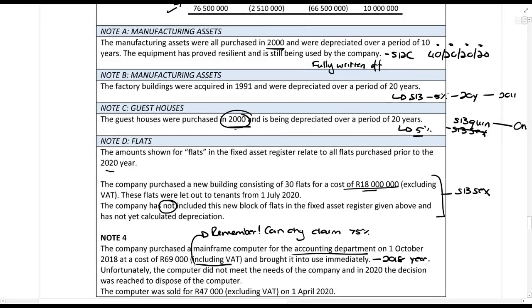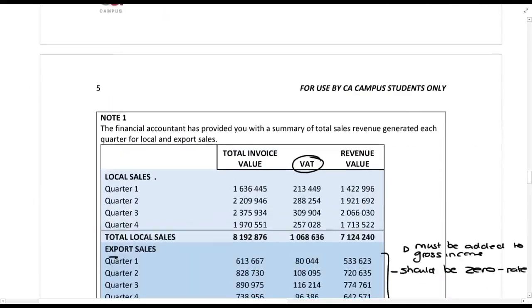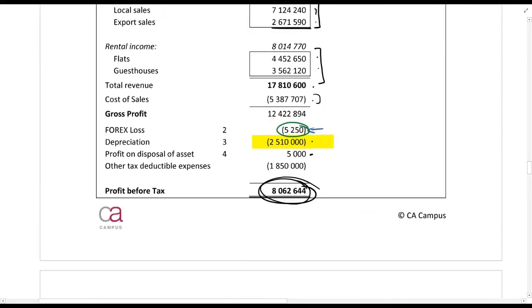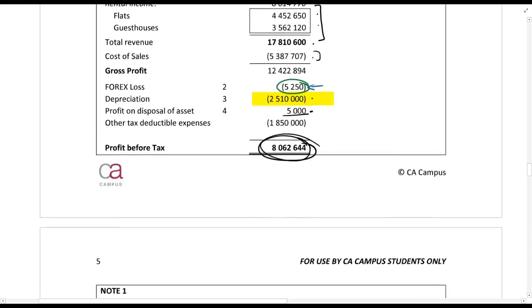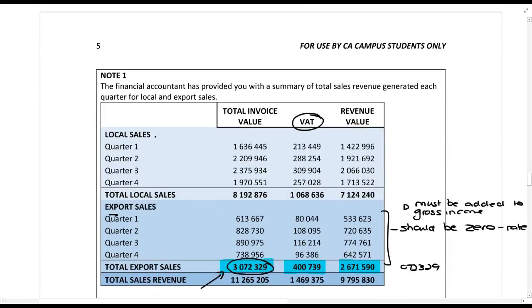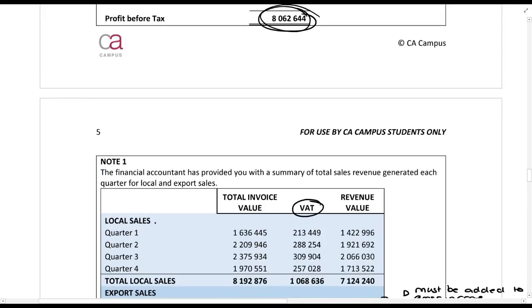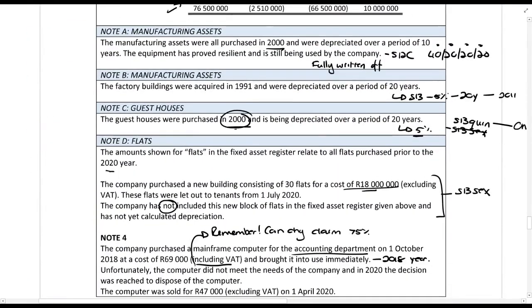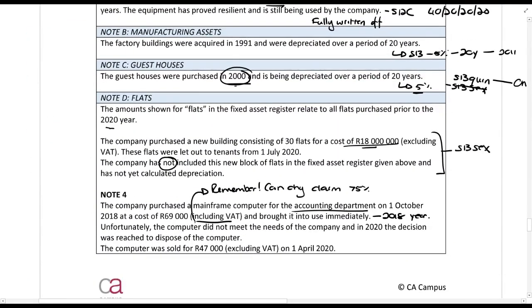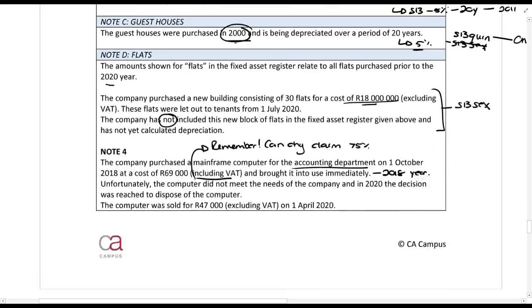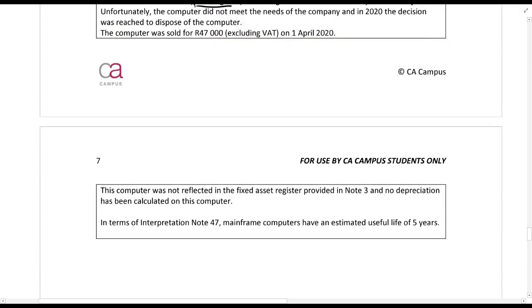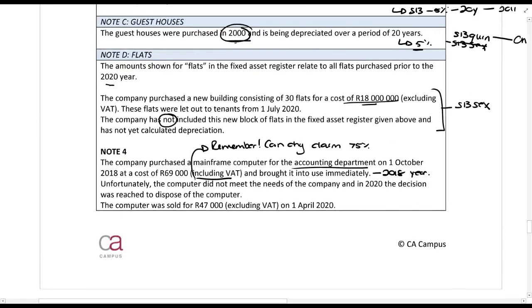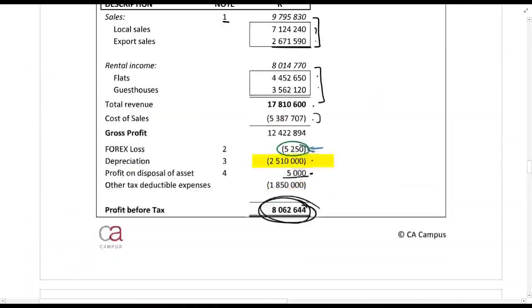Okay. And then we have profit on disposal of an asset of 5,000 rands. Or rather, okay, sorry guys.